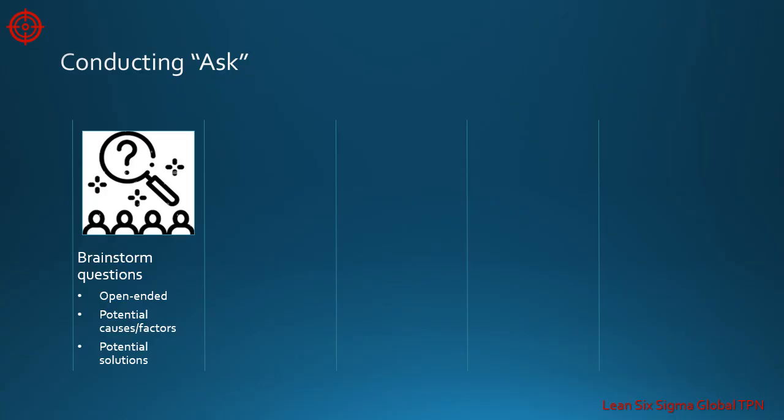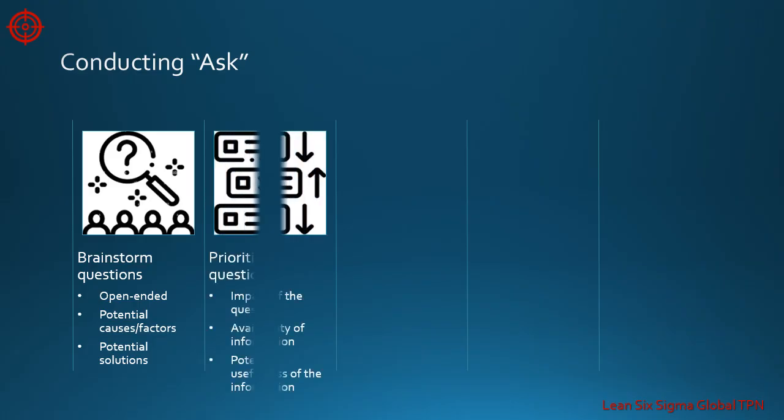Once you have a list of questions, prioritize them based on their relevance and importance to the problem or challenge. Consider the impact of the question on the overall problem-solving process, the availability of information to answer the question, and the potential usefulness of the information in generating solutions.